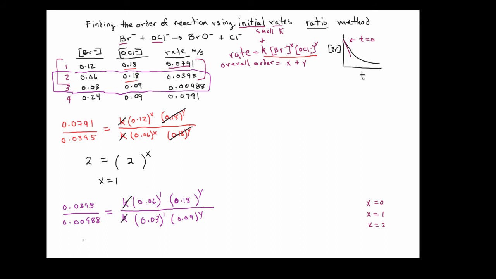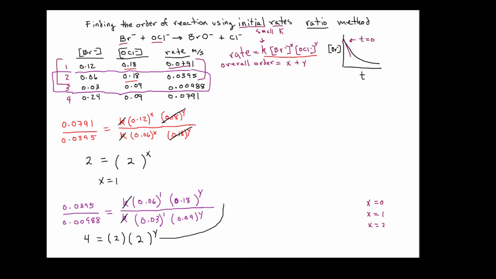Now, this is going to be equal to, on the left side, 4. And 0.06 over 0.03 will be 2. And then the value inside the bracket raised to the y power is also 2.